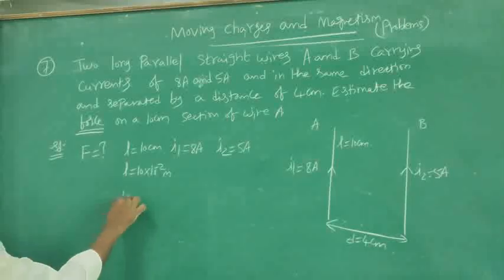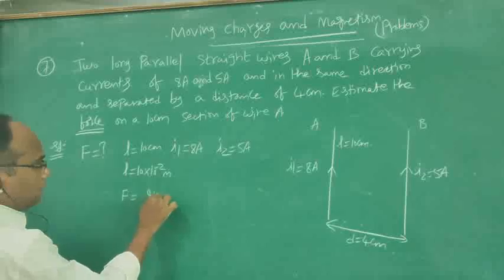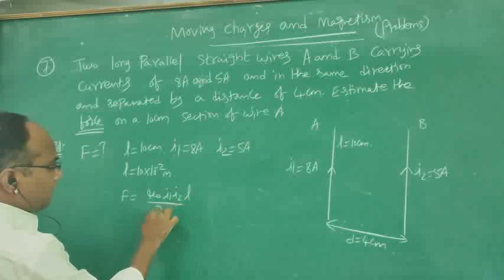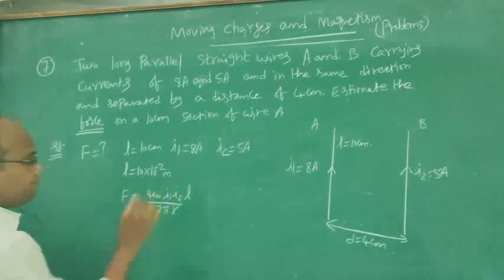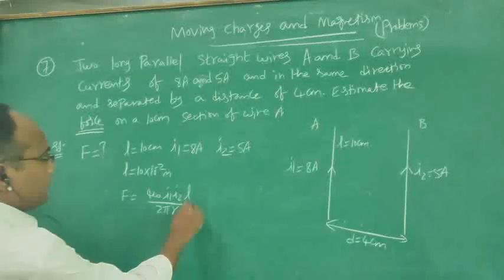So what is the formula for parallel current carrying conductors? Mu naught I1 I2 L divided by 2 pi r. This is a formula which I have to remember; while studying the theory, you can get this formula.